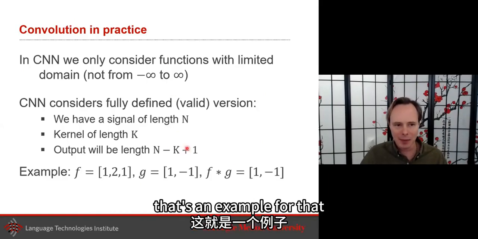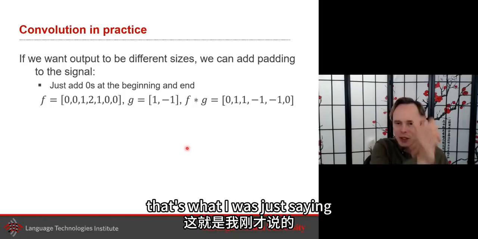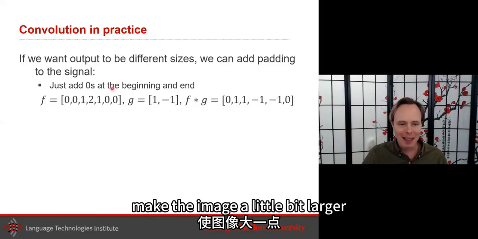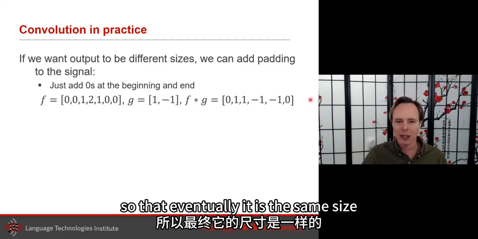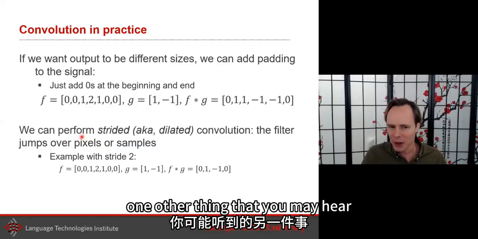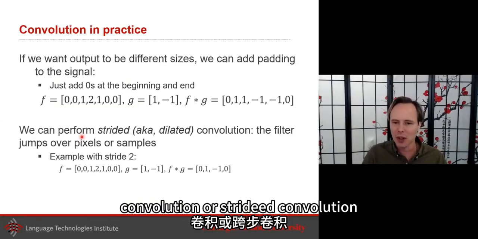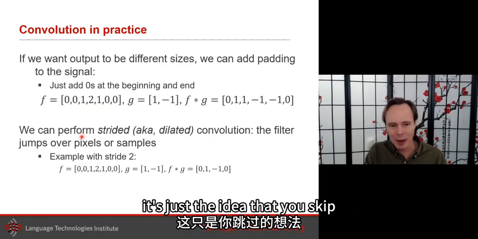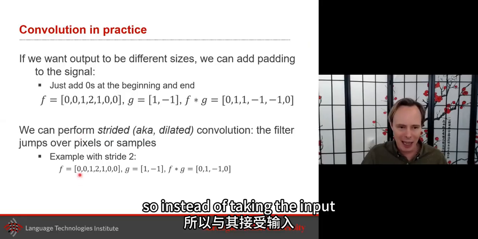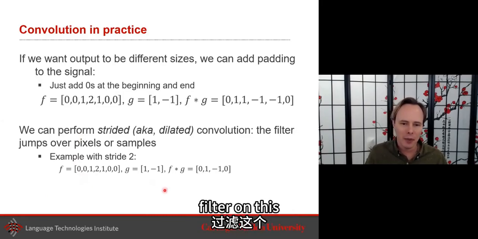If we want the output to be different sizes, you can make the image a little bit larger so that eventually it is the same size. This is an example that you can do. One other thing that you may hear is the concept of dilated convolution or strided convolution. It's just the idea that you skip. So instead of taking the input, you're kind of downsampling the input and then running your filter on this.